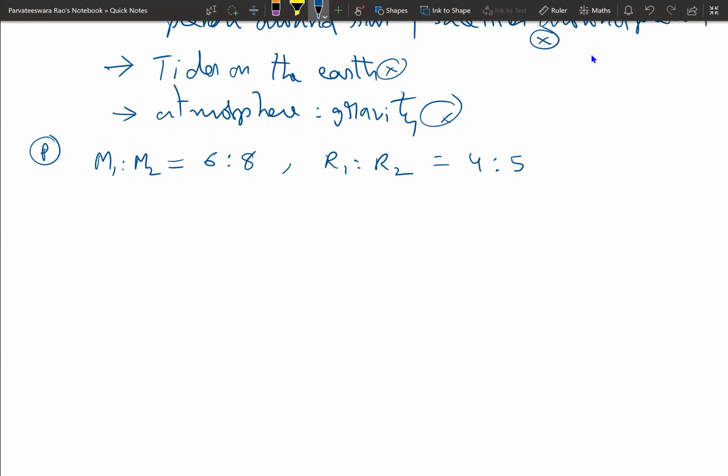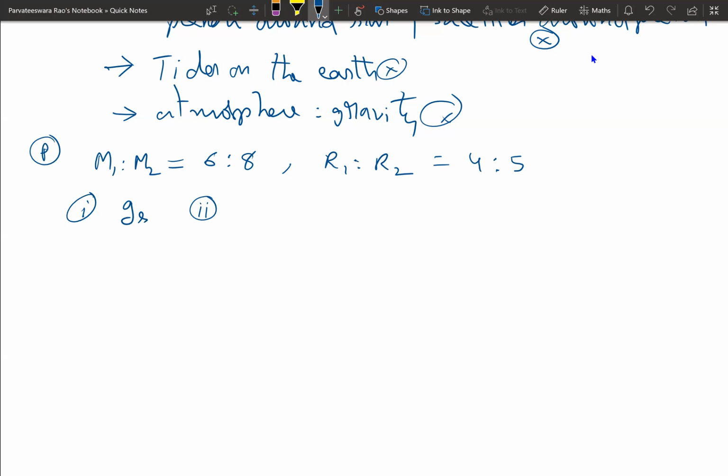Find the ratio of, number one, accelerations due to gravity. Second, ratio of escape and orbital velocities.